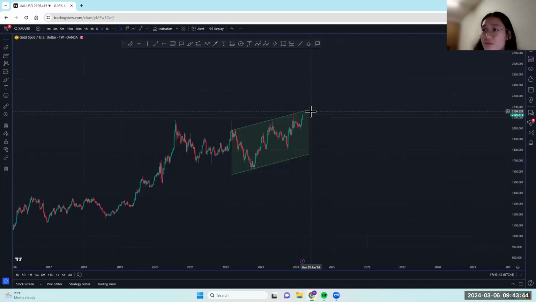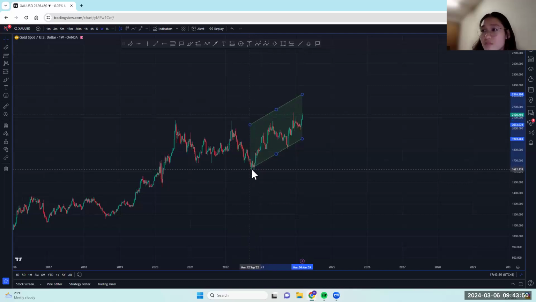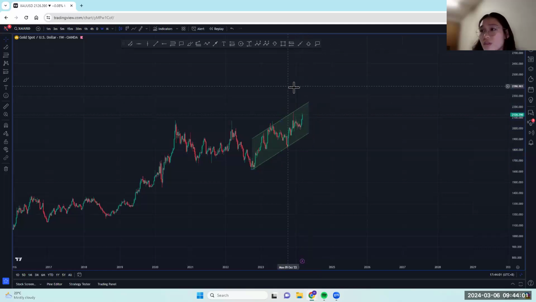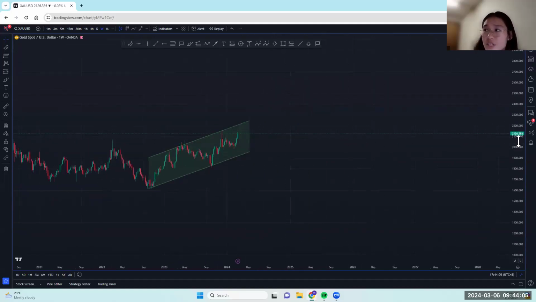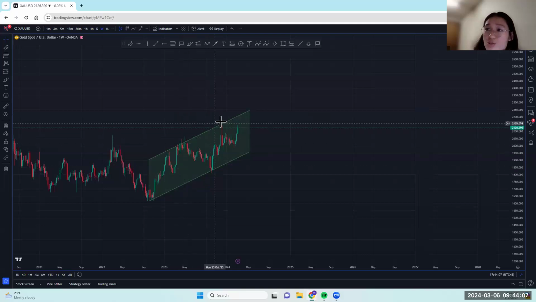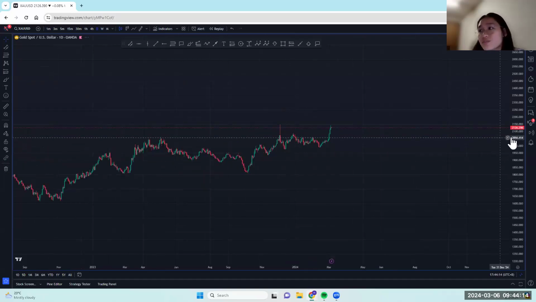We're going to see if we can find any ascending trend lines or trend channels to support that. I can see this ascending trend channel. What makes a valid trend channel is if there are at least two touches on top and two touches below. So let's look at our daily time frame now.